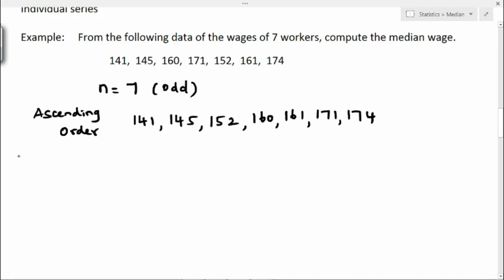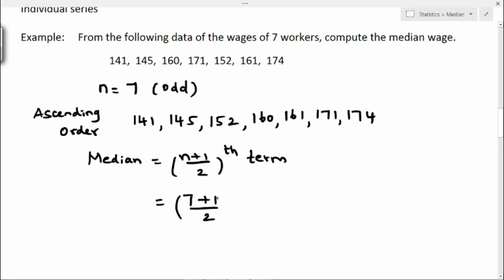Now we have to substitute in the formula. The formula for median is, if n is odd, then we have the (n plus 1) by 2nd term. So just substitute n equal to 7.